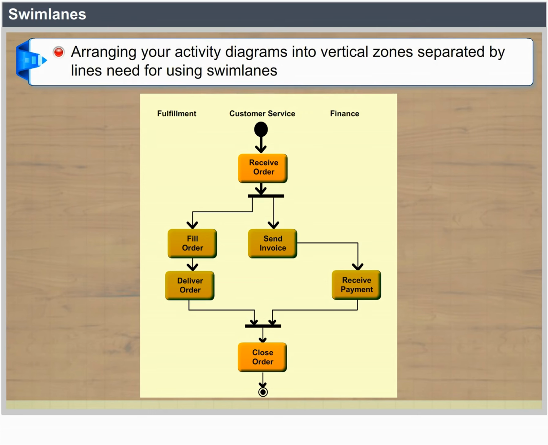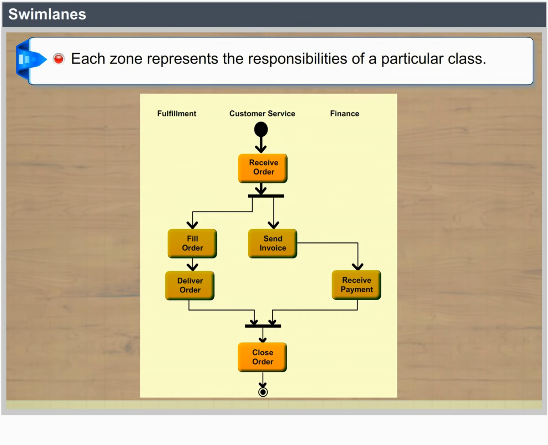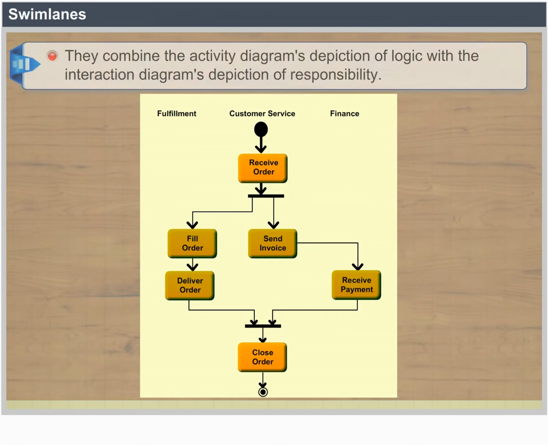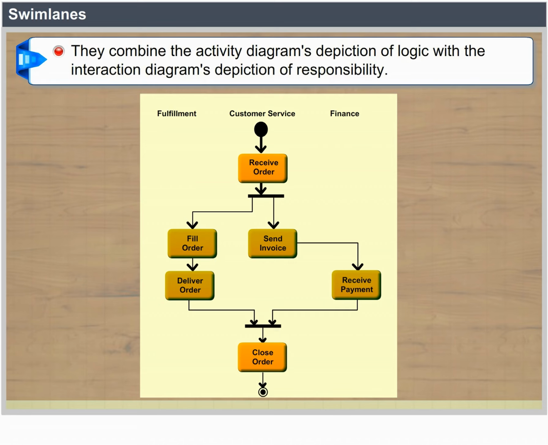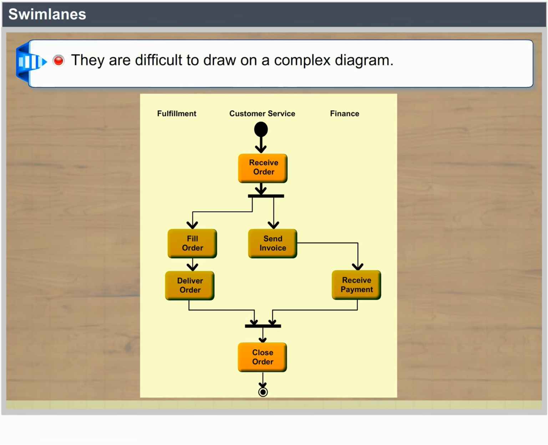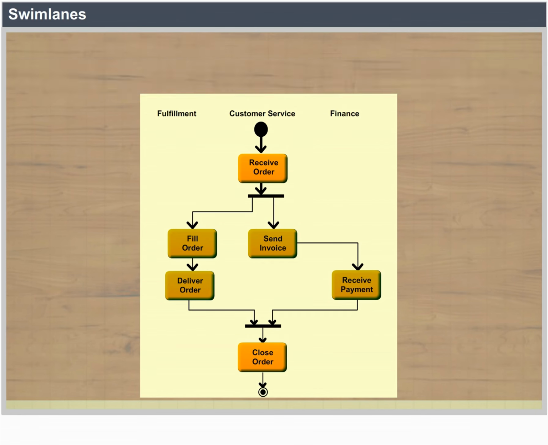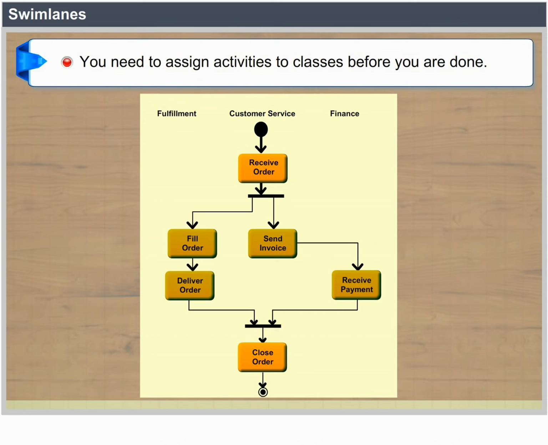You arrange your activity diagram into vertical zones separated by lines, which is the need for using swim lanes. Each zone represents the responsibilities of a particular class. They combine the activity diagram's depiction of logic with the interaction diagram's depiction of responsibility. They are difficult to draw on a complex diagram. You need to assign activities to classes before you are done.